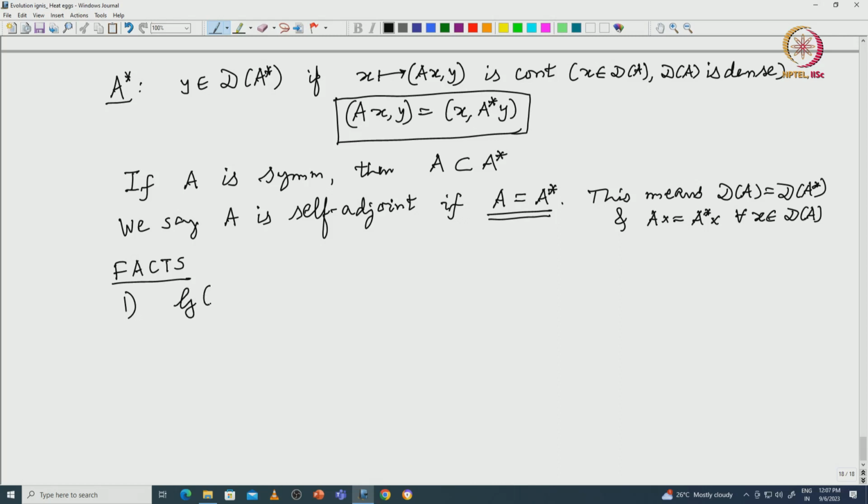So, this is very straightforward. Graph of A star is graph of A, but there is a twist. So, I will put this operator V and its orthogonal complement. So, V is from H to H cross H, so this is Cartesian product.